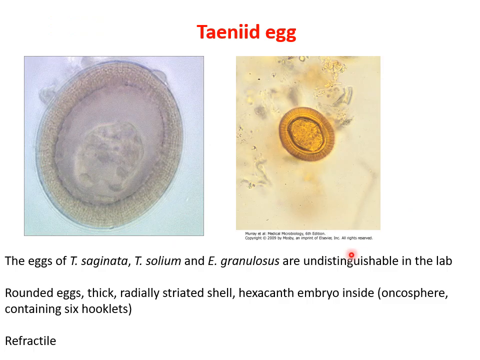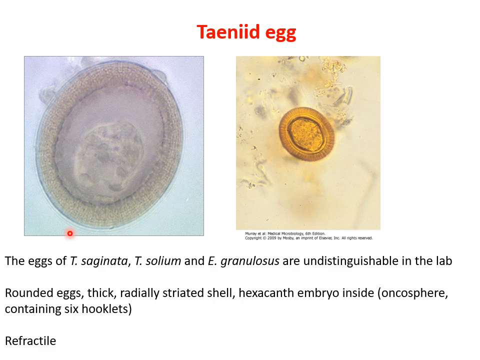Now, whether we are talking about Taenia saginata or Taenia solium eggs, we cannot conclude from the egg which type of Taenia we are seeing. Even Echinococcus granulosus eggs look the same, so the egg per se cannot be conclusive.